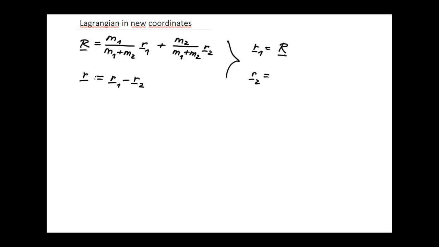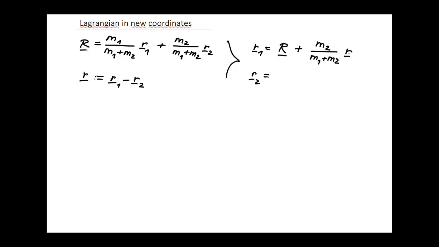So the position r1 of the first mass, that's the position of the center of mass, plus, well, then we have to go some distance from the center of mass along the distance vector towards the mass number 1. And when you do the calculation, you find that this is just the ratio m2 over m1 plus m2, the total mass, times r.